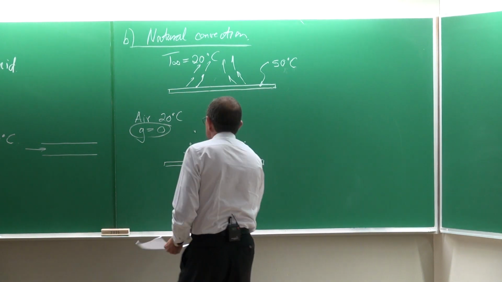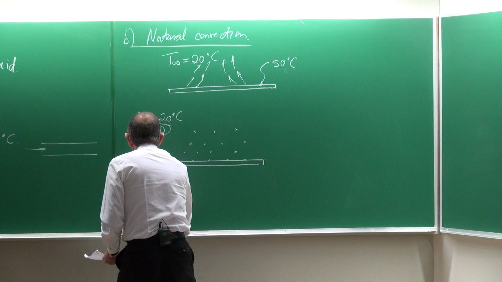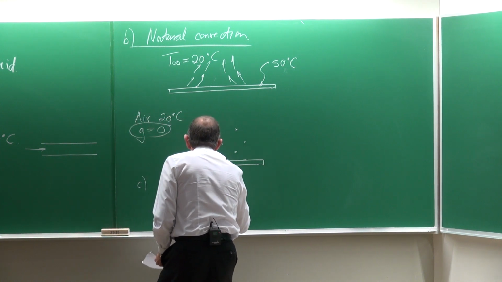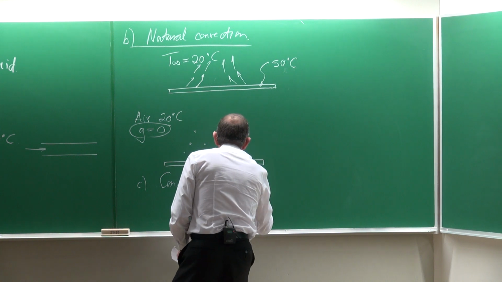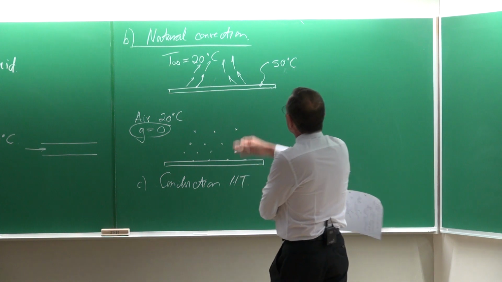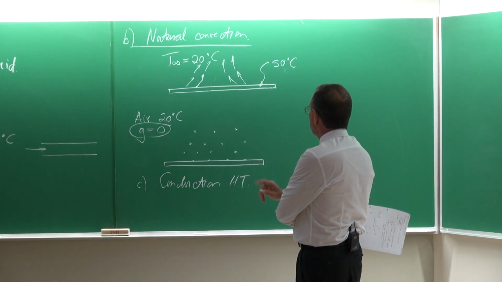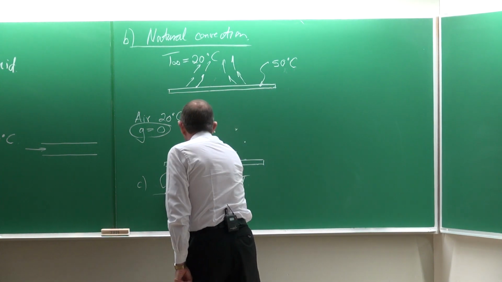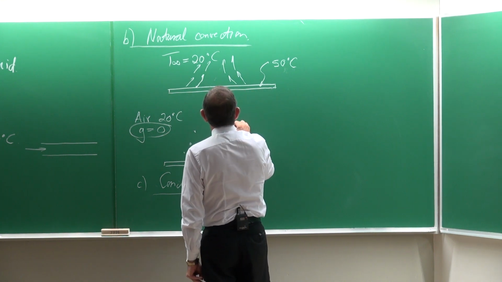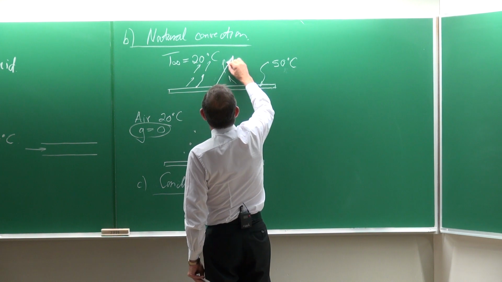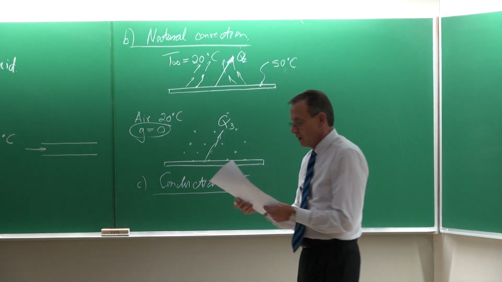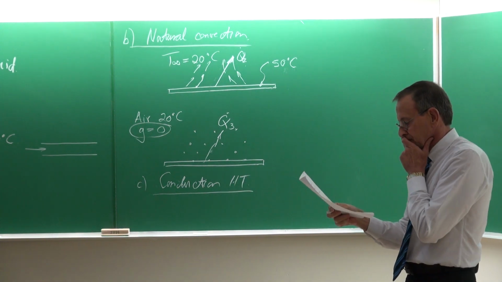So in this case, we will have conduction heat transfer. So forced convection heat transfer, natural convection heat transfer, and then thirdly, conduction heat transfer. So this would be Q3, and that one we can call Q2. The three different modes of heat transfer.